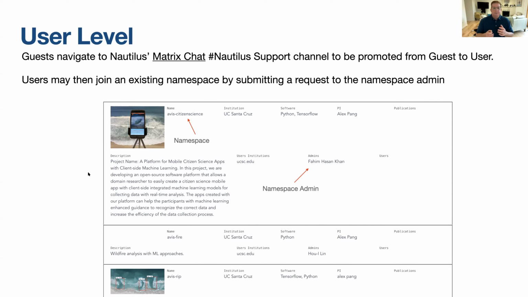I would like to be added to my professor's namespace. And in my particular case, that is the creative coding namespace. The helpful people in the chat would go ahead and elevate you from a guest to a user, and then you would be able to join that namespace.